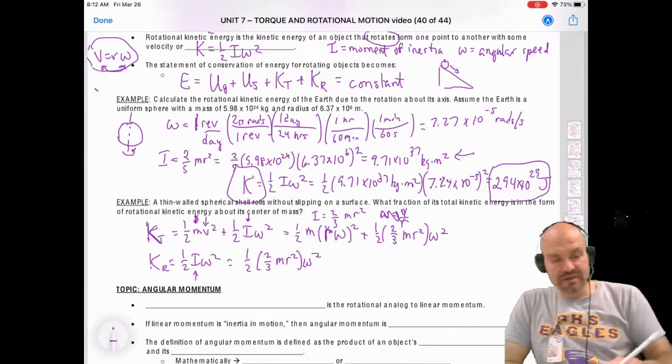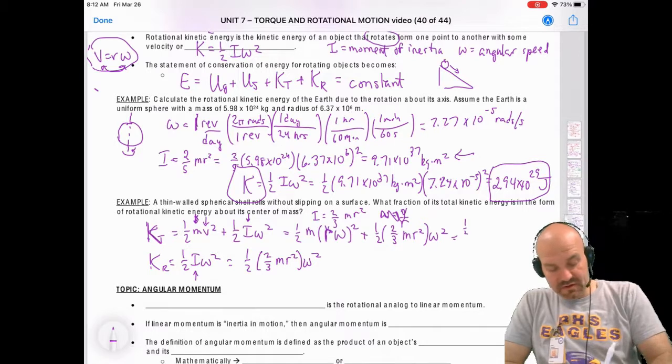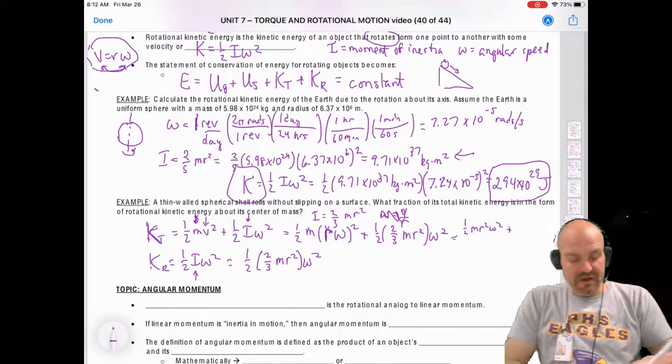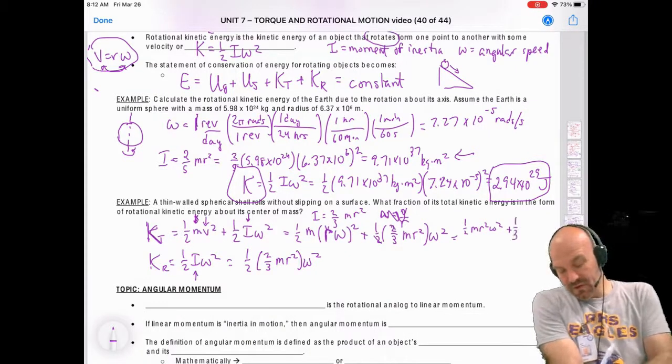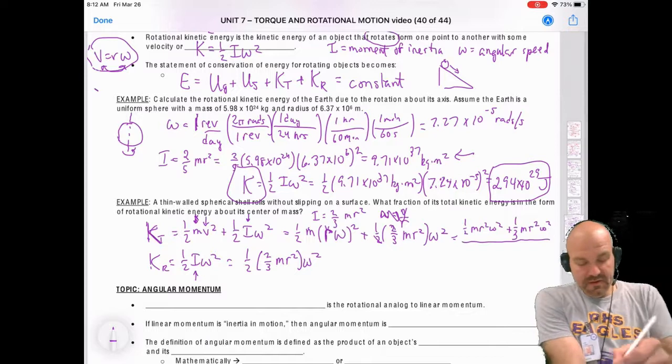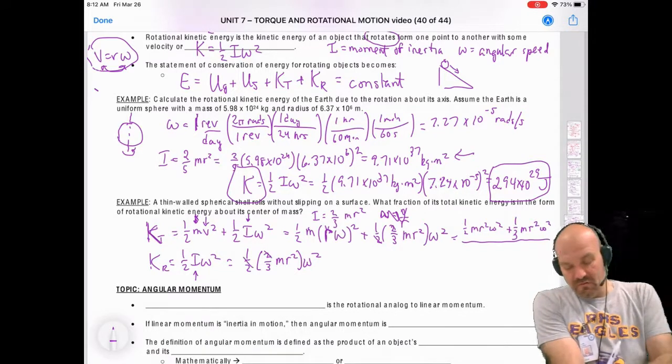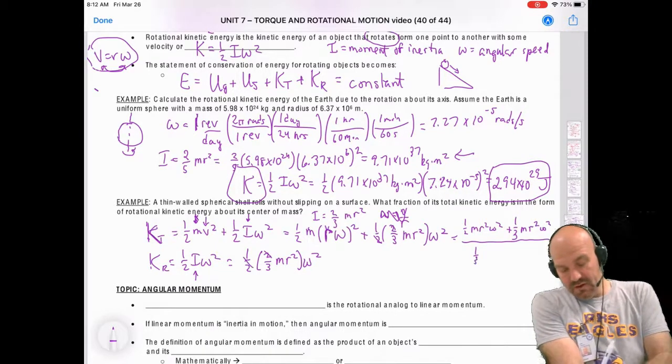Okay, and so the top part ends up being 1/2 mr squared omega squared plus 1/3 mr squared omega squared, right? Divided by 1/3 mr squared omega squared.